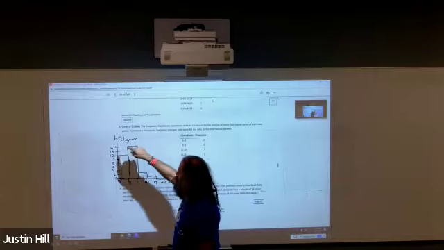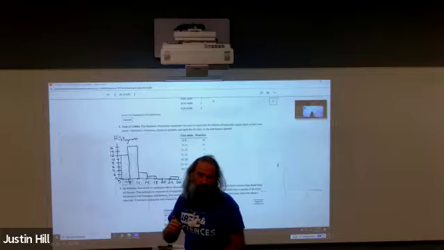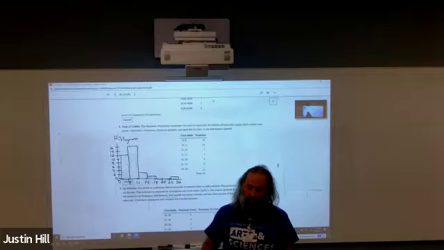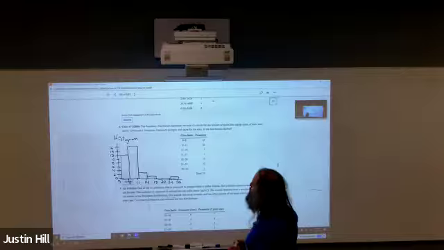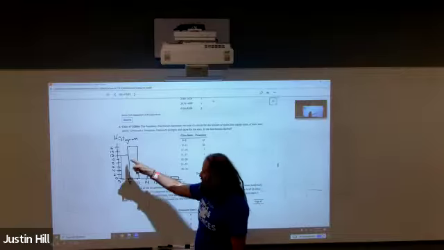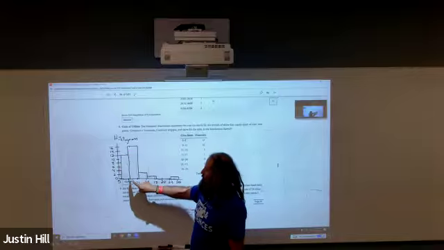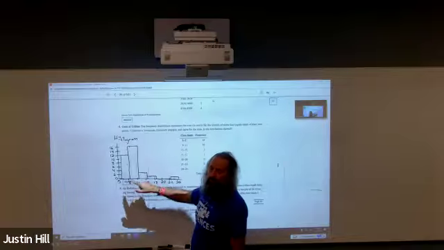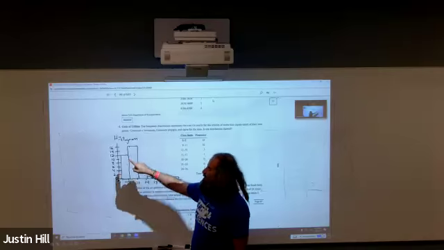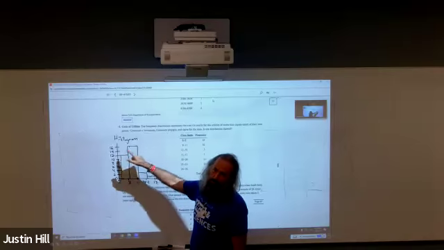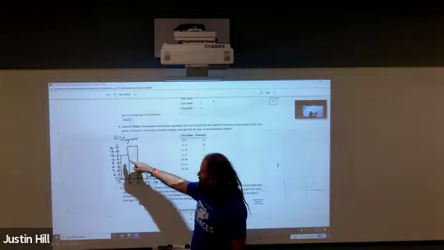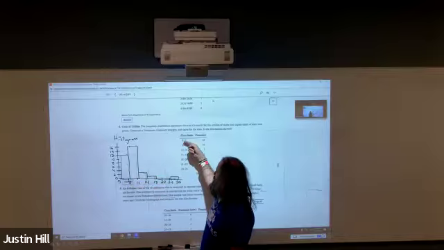The frequency polygon uses the same exact setup as the histogram, so you don't have to do anything different with your axes. The idea is that we're basically going to do this graph over again, but instead of bars, we're going to graph points at the midpoints of each of these classes.